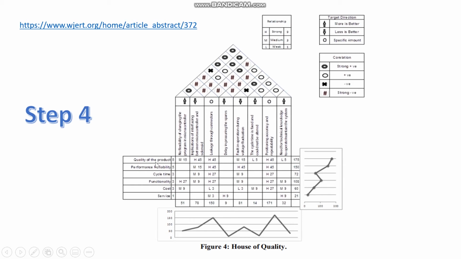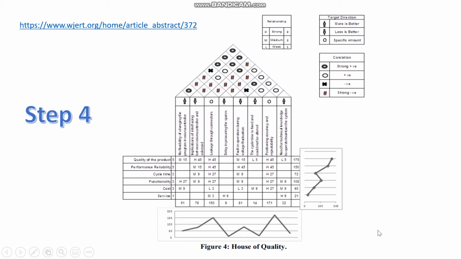See, when you are going to compare quality of the products and this one, the medium level is coming. Medium means it is given as 3, and 5 is already given for the quality of the products. 5 multiplied by 3, it is coming as 15. So all those things I have done here itself.